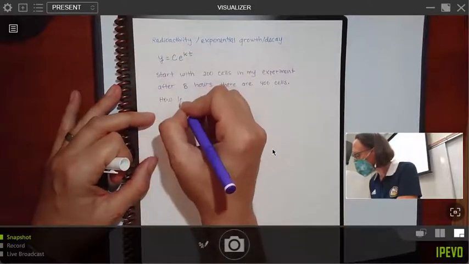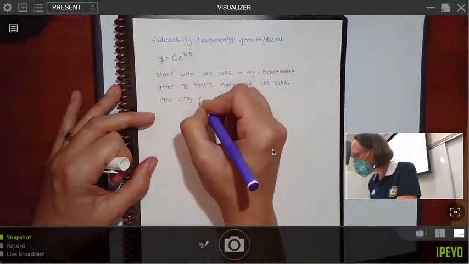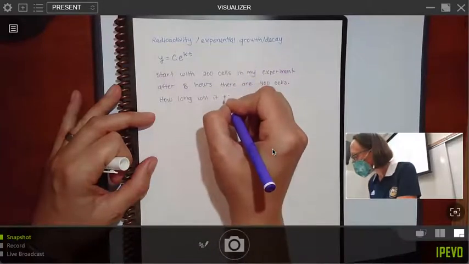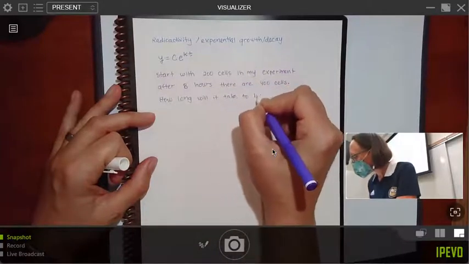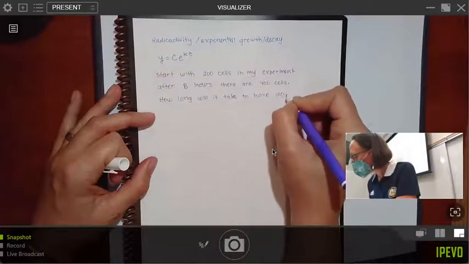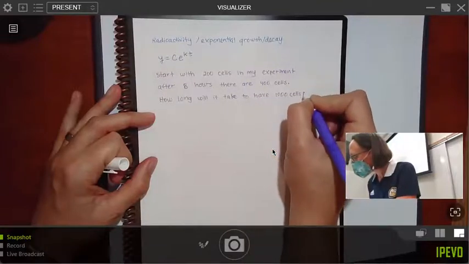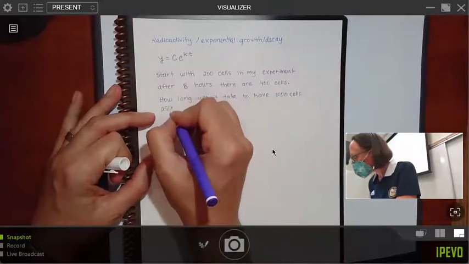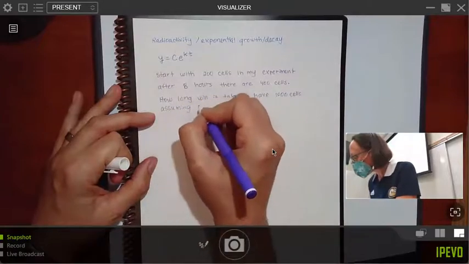How long will it take to have 1,000 cells, assuming exponential growth?